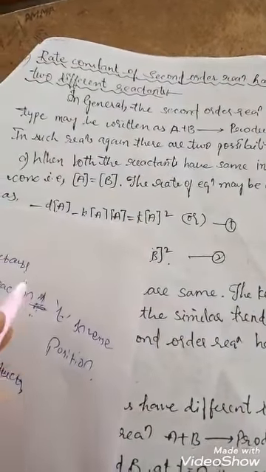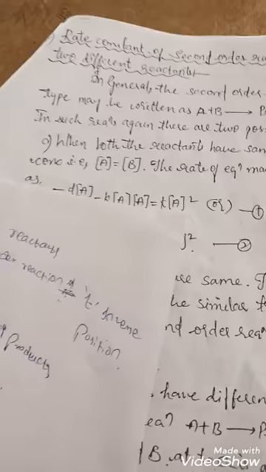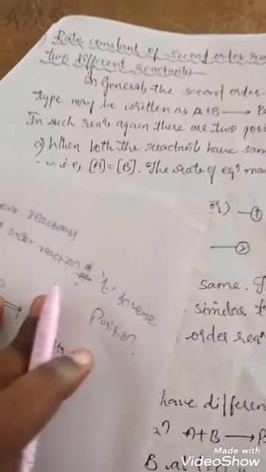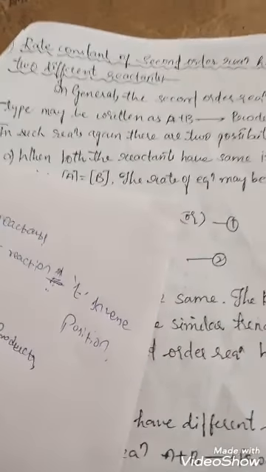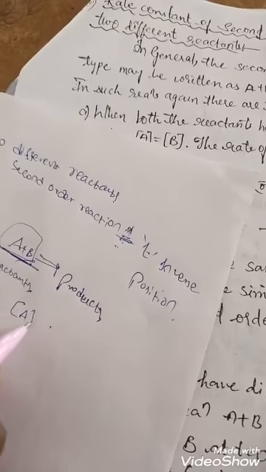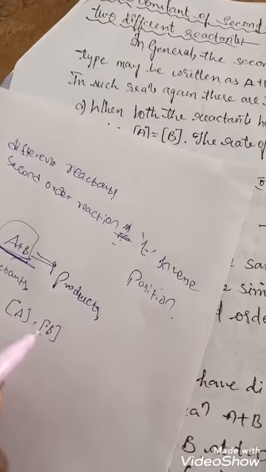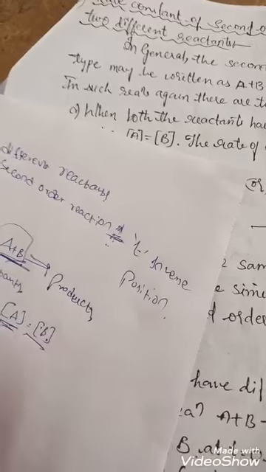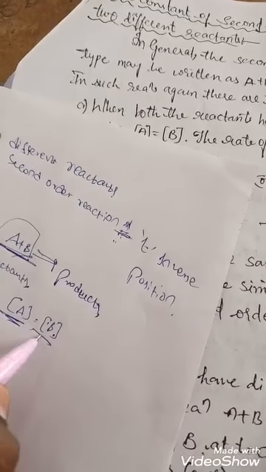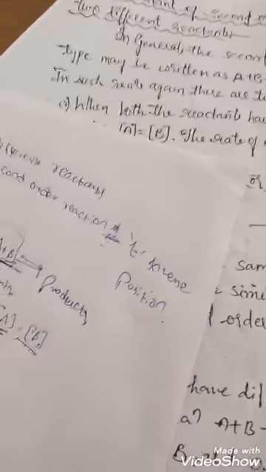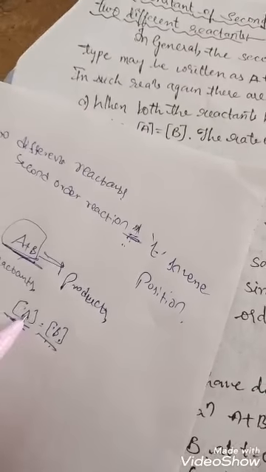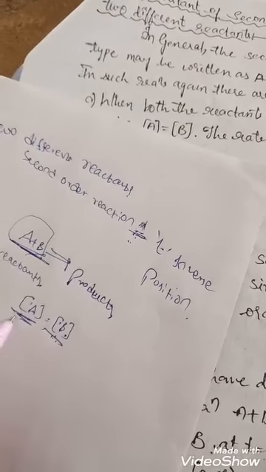First, when both reactants have the same initial concentration, that is, reactant A equal to reactant B. So we can substitute A in place of B or B in place of A.